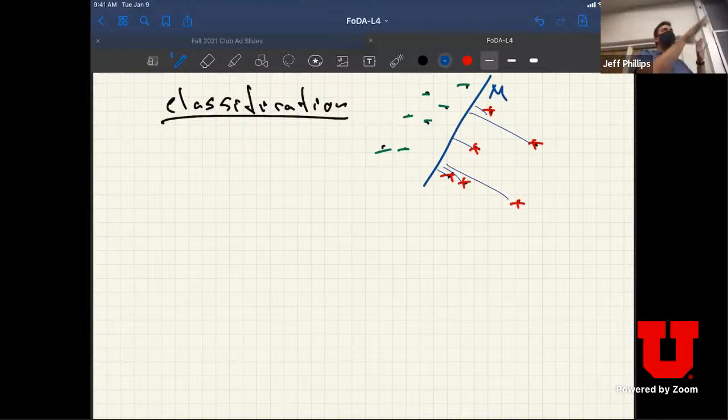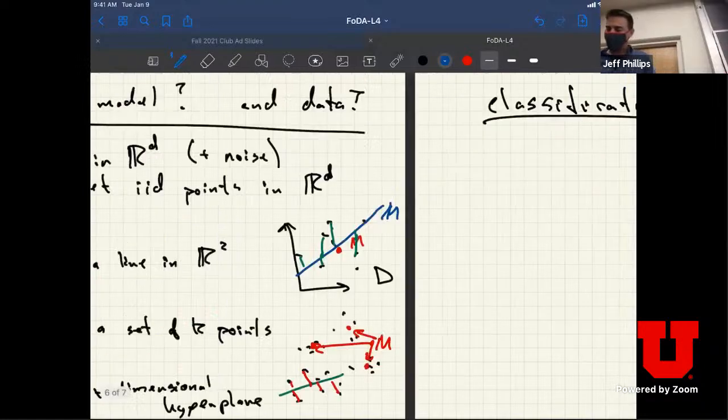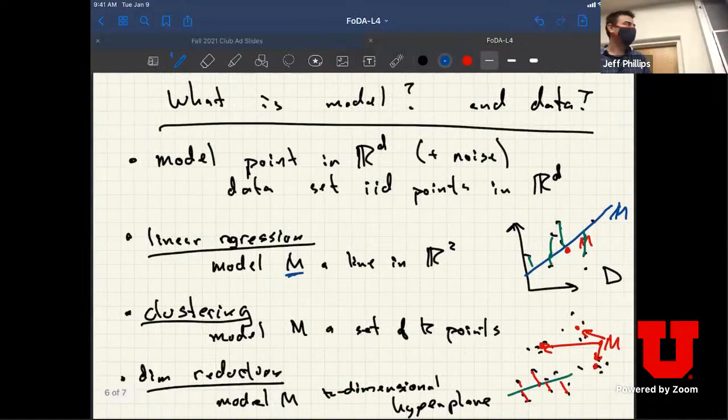So this hopefully gives you a little bit of a preview. You shouldn't completely understand where this is going, but the data are going to be a set of observations we have, which we're going to encode as points. Then the model will be some structural object that we can represent parametrically, like the coordinates of the points, or the slope and intercept of a line.